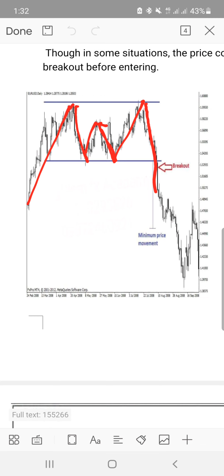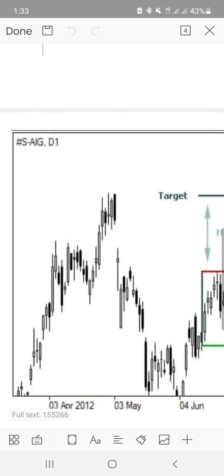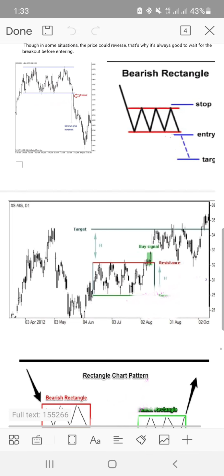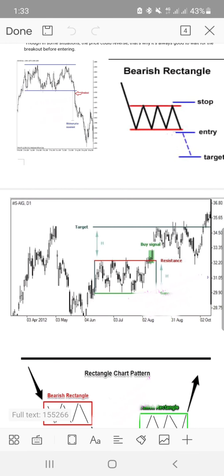This thing looks very, very similar to a double bottom pattern. It's double bottoms, right? But if you want to trade it, you can trade it. This is just an example of a time where it does not go in our desired direction, right? So let me show us one more example so I understand better.